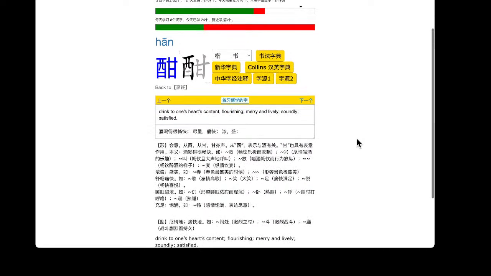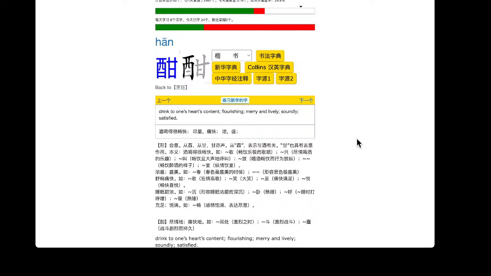Now han means drink to one's heart's content. Then they extend it to mean flourish, or a mental state like merry and lively, happy, or sleeping really soundly. Why that?